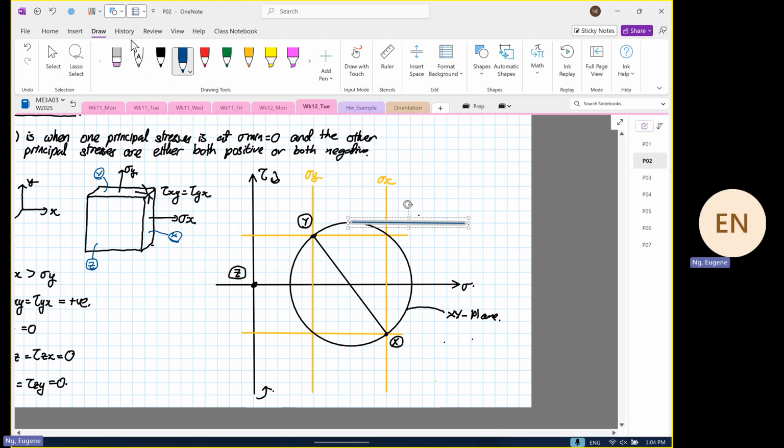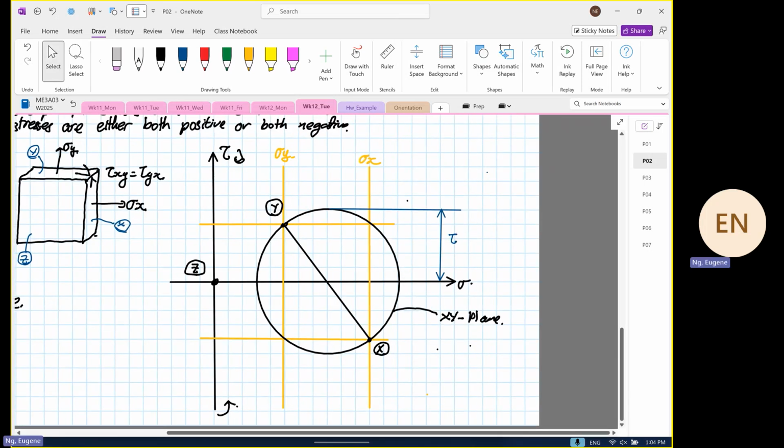the value that you calculate, so this is the shear max for the XY plane. Okay. And we know that this is not the biggest circle, is it?